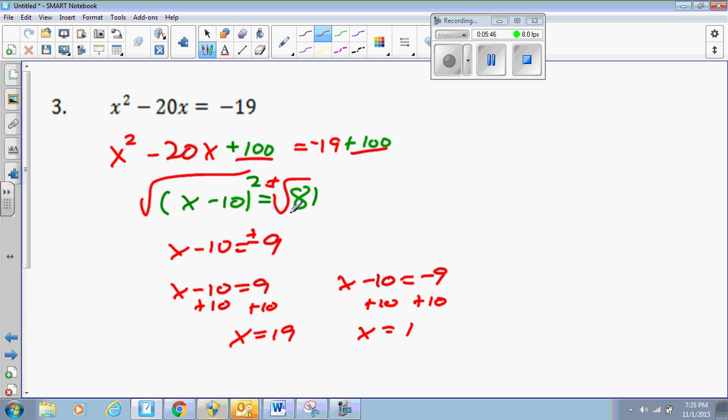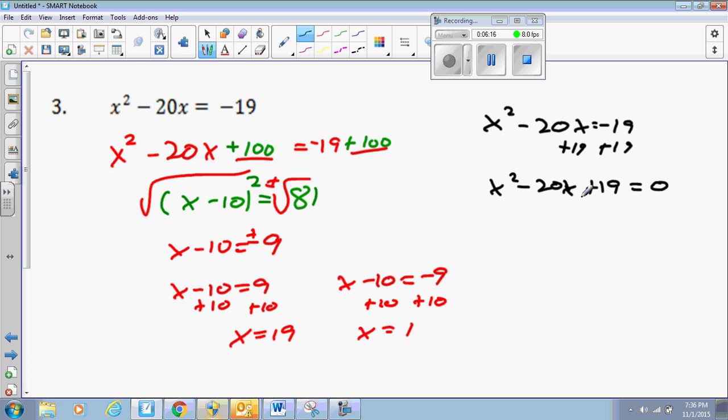There's other ways. When I get rational numbers here, no square roots, I could have done this by factoring. Let's say I did it by factoring: x squared minus 20x minus 19 equals negative 19. I could add 19 to both sides, and I'd have x squared minus 20x plus 19 equals 0.